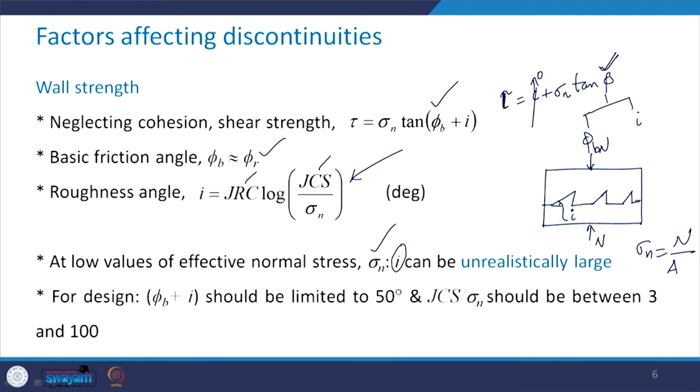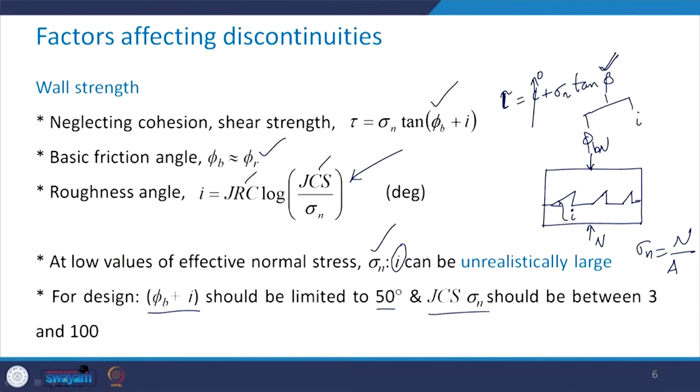We need to keep this in mind: for design, this quantity phi b plus i should be limited to 50 degrees. Even if i is very large and phi b plus i works out to be, let us say, more than 50, we have to limit it to 50 degrees.